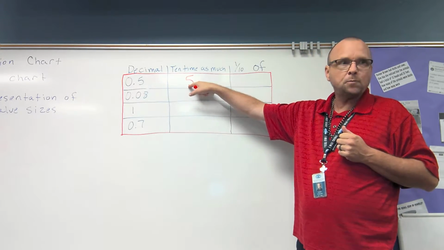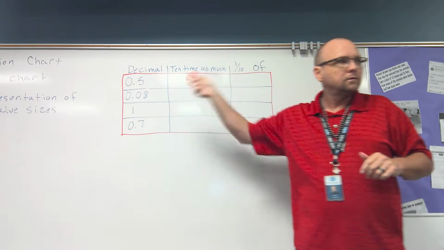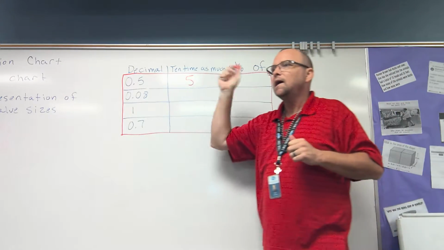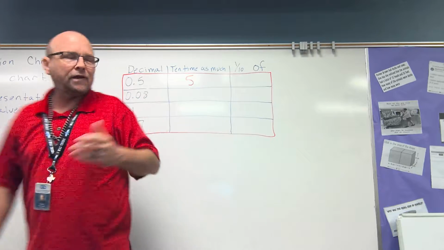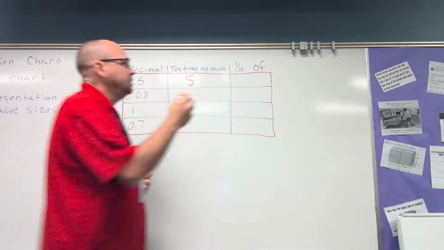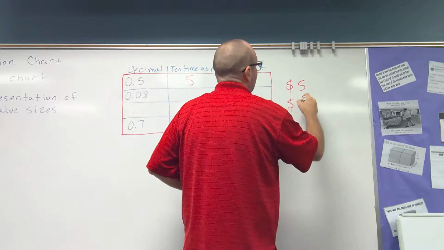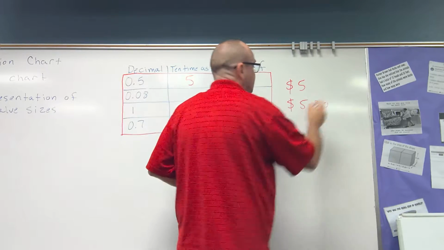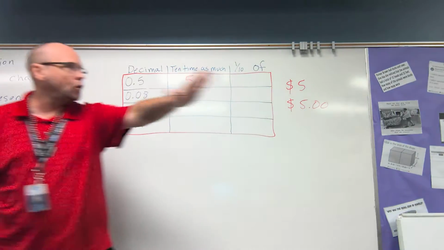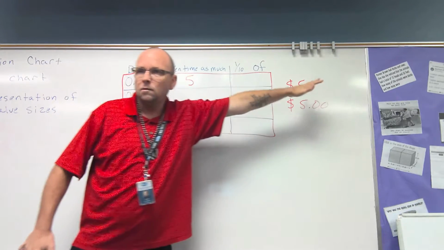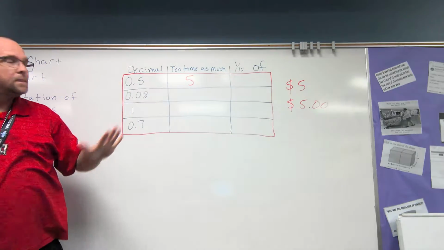Ones place. Every number, except for fractions, has a decimal point. I don't have to write it. That'd be like writing, I have $5, and somebody else would go, I have $5.00. The decimal point is there, but it's not always written.